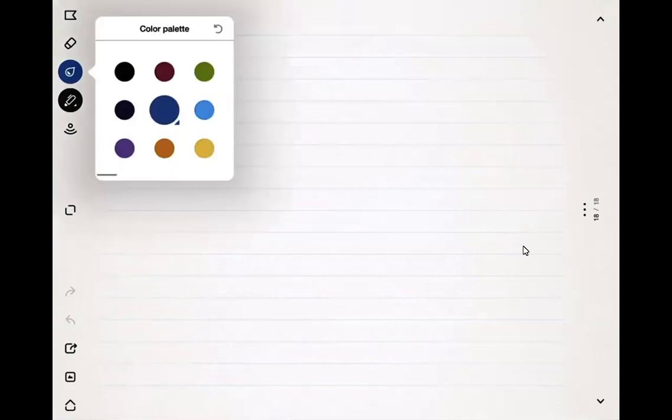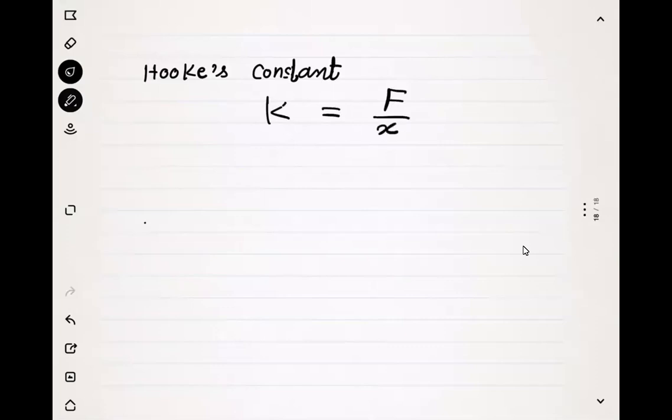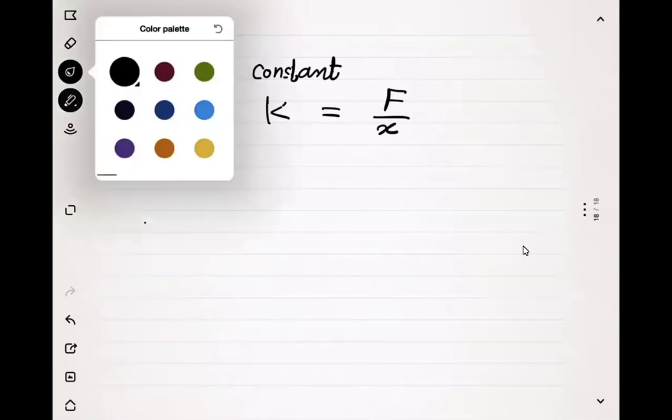Now, formula for Young modulus. We can use the formula for Hooke's constant to make a formula for Young modulus. For example, Hooke's constant K can be written as F over X. Now K depends on area and length. Why does it depend on area and length?